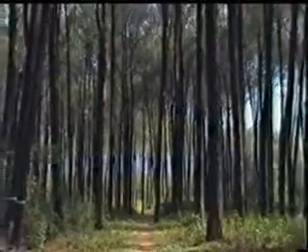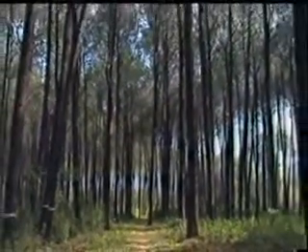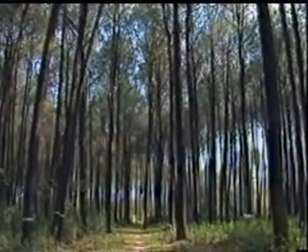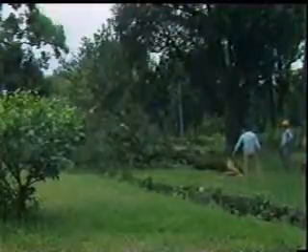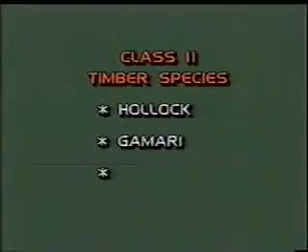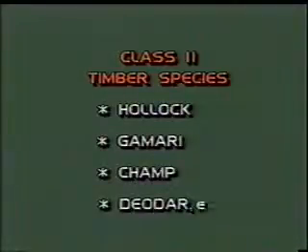The story of factory-made shutters begins from the forest. Trees are felled when they attain maturity. For most situations, Class II timber species such as Hollock, Gammery, Champ, Deodar, etc. are used.